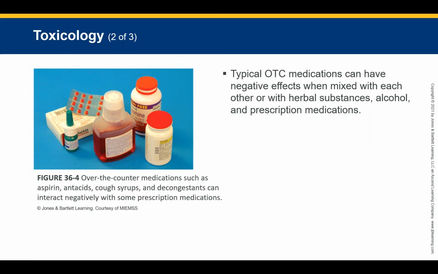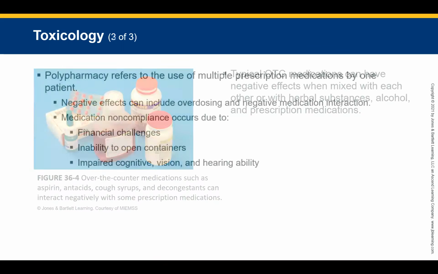All those things do happen to take place. So understanding that and providing a little bit of education goes a long way for your patient, teaching them, maybe because they have forgotten about mixing the OTC meds along with their regular medications.